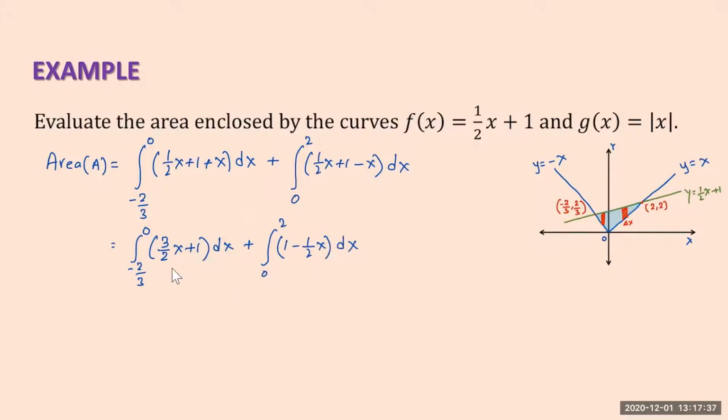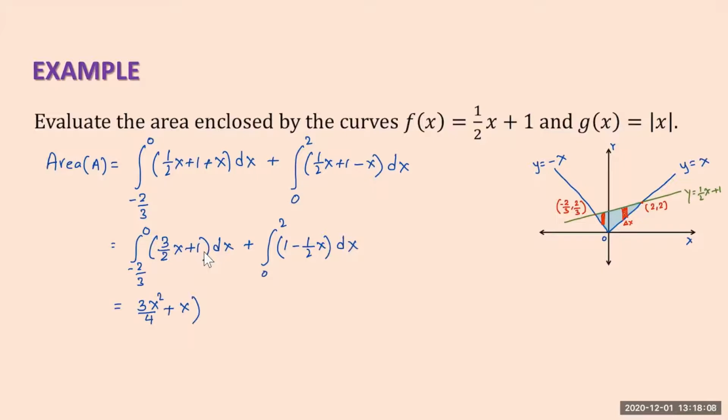Now we can evaluate the integrals. Integration of 3 over 2 x with respect to x, we increase the power, so it will be x squared over 2. So it will be 3x squared over 2, and here is also 2, so it will be 3x squared over 4, plus integration of 1 with respect to x is x, because the derivative of x is 1.